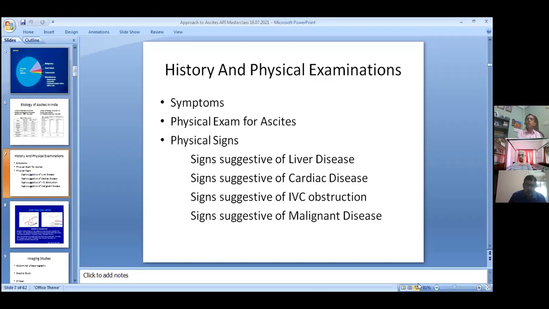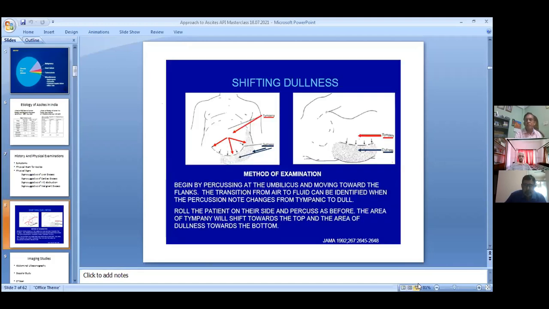And if you are suspecting findings which may suggest malignant ascites, if there is some nodule around the umbilicus, that is called Sister Mary Joseph's nodule, and there may be some lymphadenopathy, particularly the Virchow's gland may be palpable. So these are the clues by which you can suspect what can be the cause of ascites.